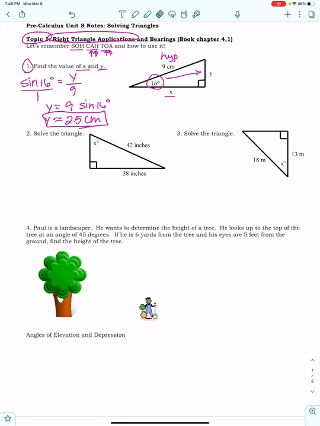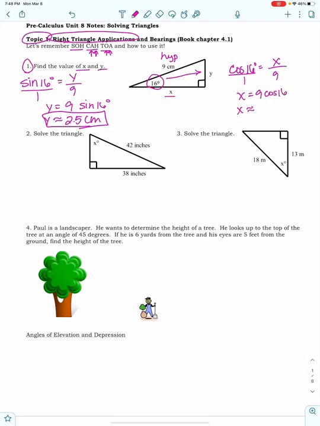Okay, so now we're going to use cosine, and we are going to find x. So the cosine of 16 degrees equals adjacent over hypotenuse. So we are going to cross multiply again. So think of that as over 1. X equals 9 times the cosine of 16.